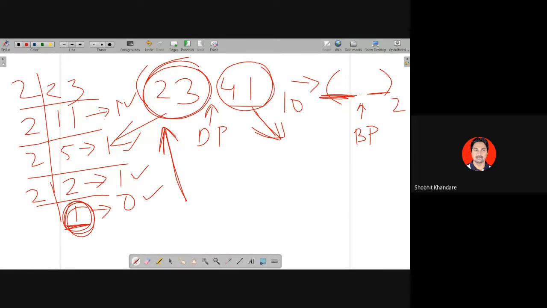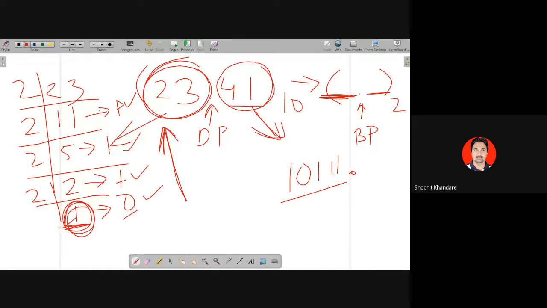So we'll write down this 1 first, then 0, then 1, then 1, and then 1. So we got the integer part: 10111 is the integer part.